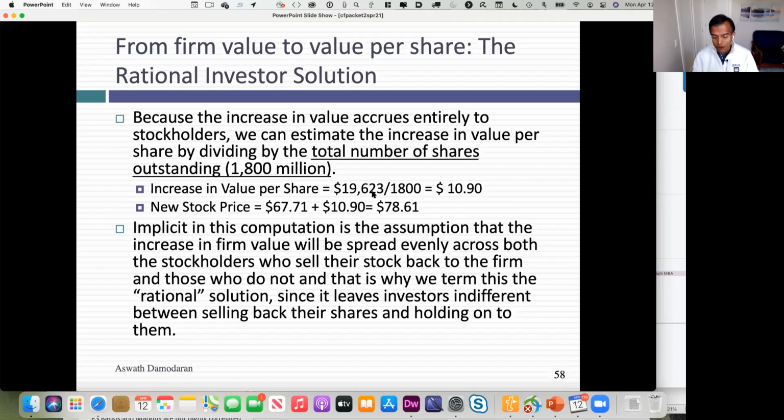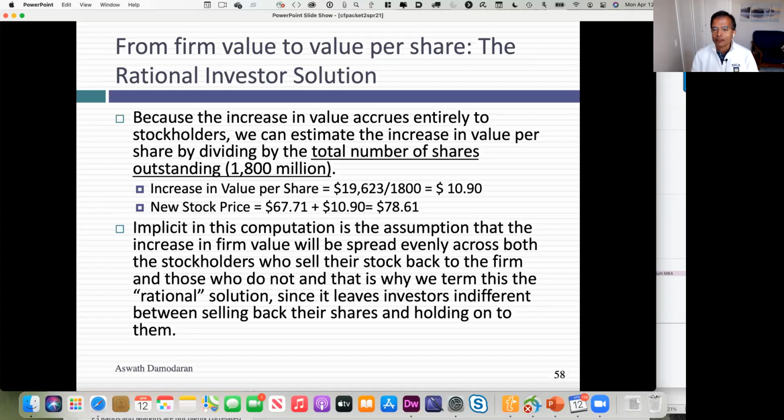I took the 19.6 billion increase in value, gave a slice of it to every single shareholder. The increase in value per share that I get is $10.90 per share, which added to the current stock price gives me a value per share of 78.61. So here's what I'm going to do. I'm going to go out and buy shares at this price, 78.61. So Mallory sells her shares back to me.